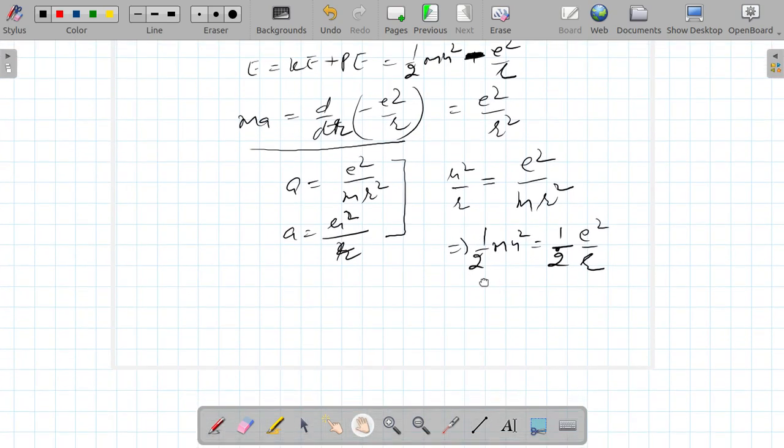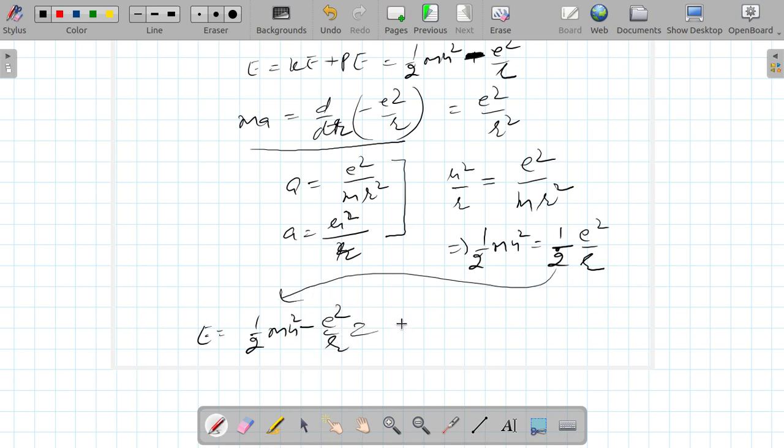So keeping this in mind, this equation reduces to, for E, this E is equal to half mu square minus e square by r. So I will substitute its value from here.